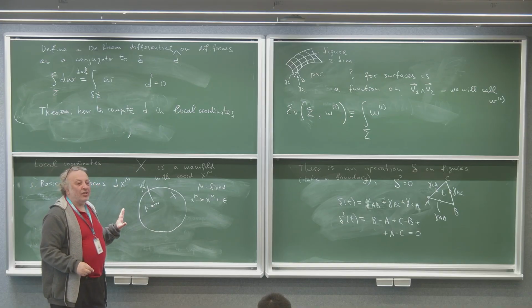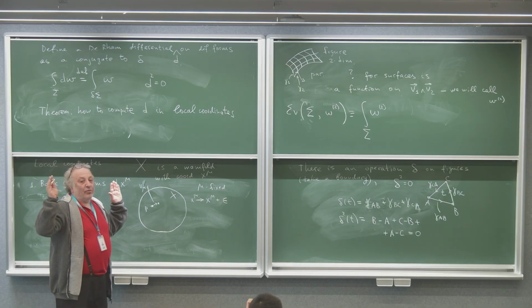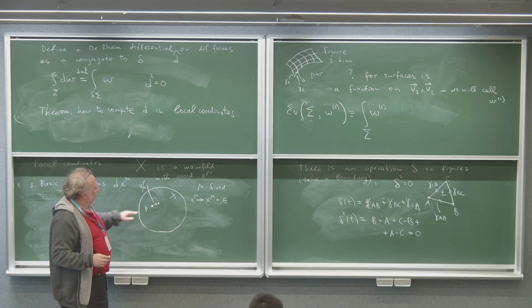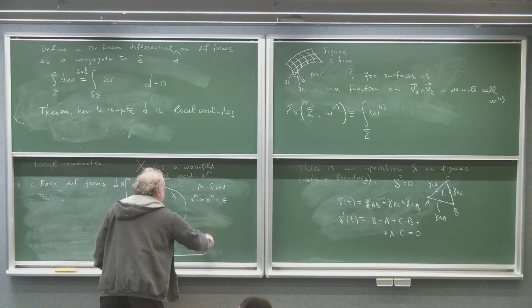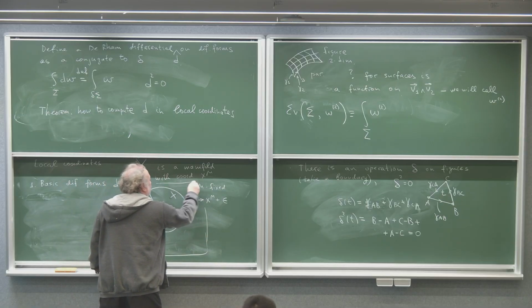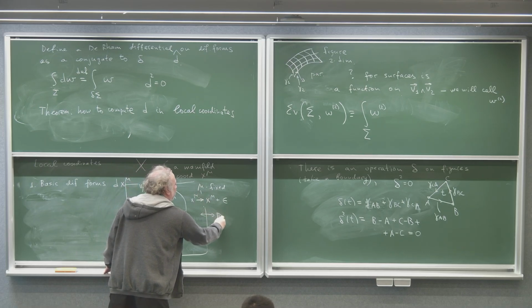How can you imagine this vector? I give you another geometric picture. Imagine that this manifold X is embedded into some space Rn.